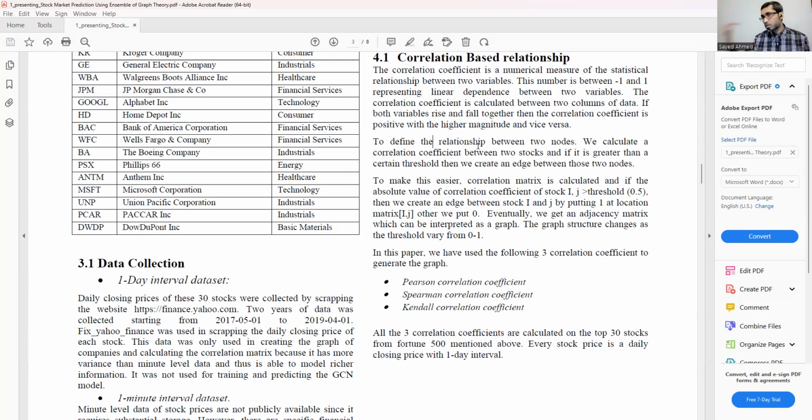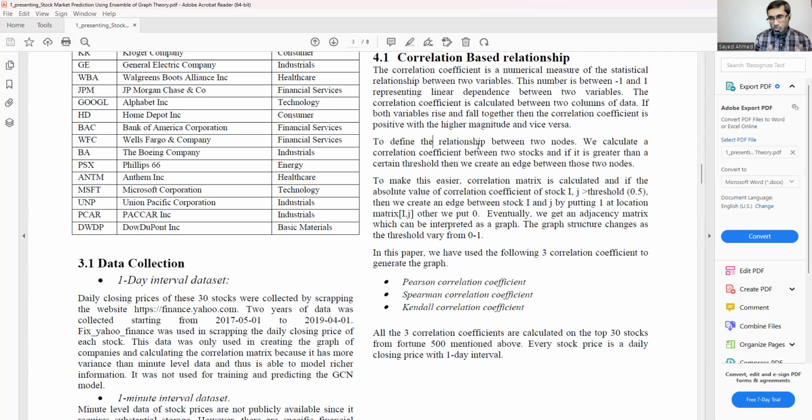However, we're predicting the price, so the network will also need the pricing information. I'll be putting some array or vector, or you can say a matrix, where each column represents the price of one particular stock, one historical series. For each graph node, which represents a stock or company, there will be one time series of the historical prices.